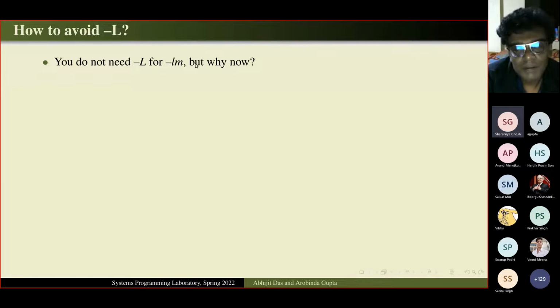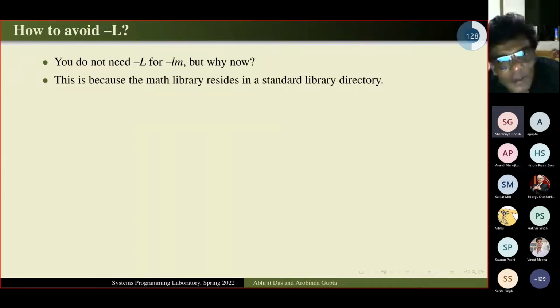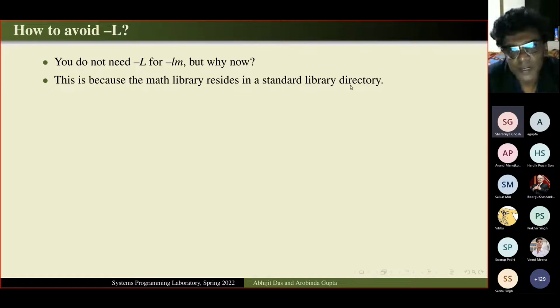The answer is this. Because the math library resides in a standard library directory. And what is the set or list of standard library directories? This varies from machine to machine, from one distribution to another, even of Linux.